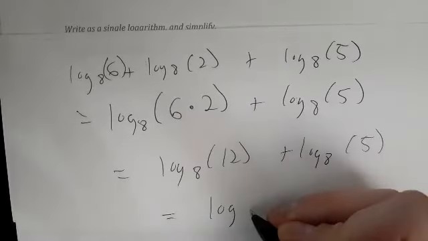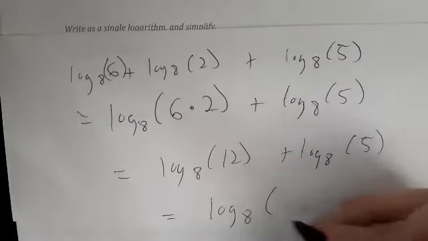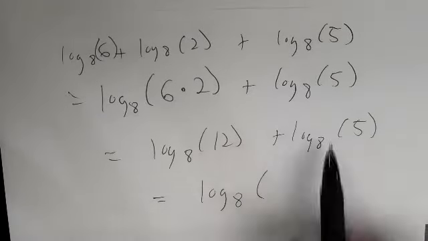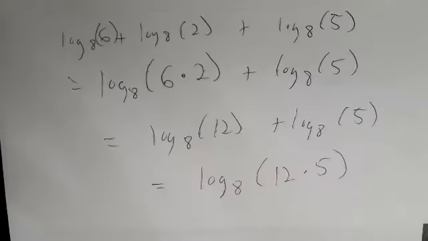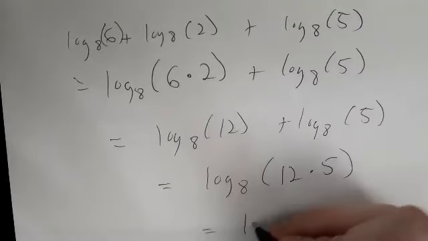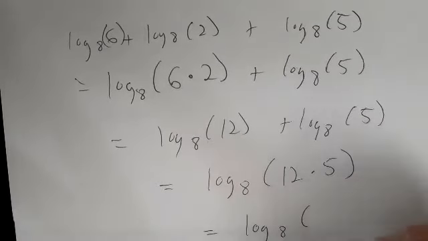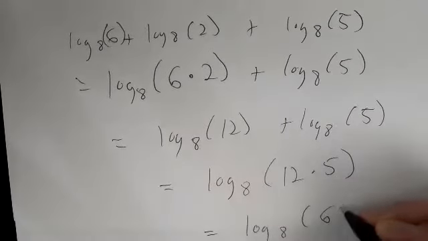And this is log base 8 of, and now if I want to combine these two, addition on the outside is multiplication on the inside. So this is 12 times 5 on the inside. So this is log base 8 of 60.